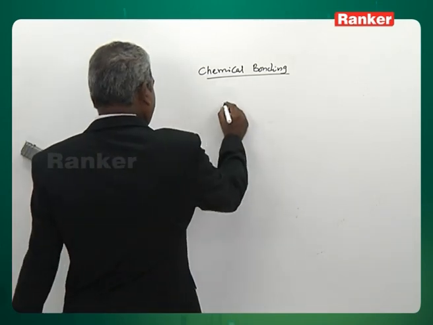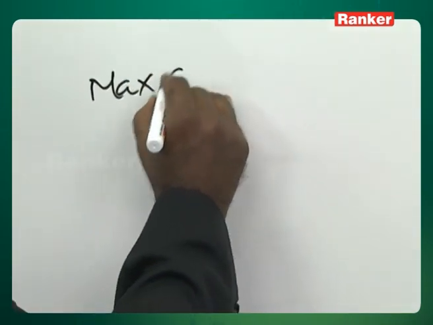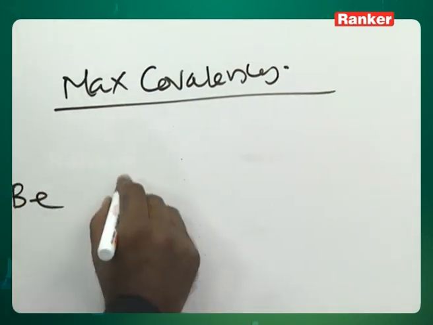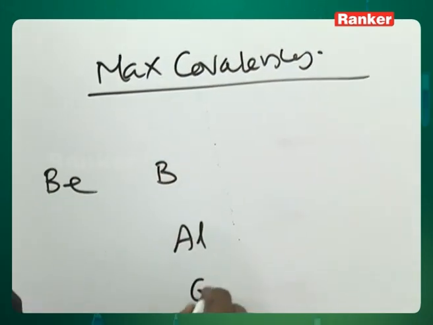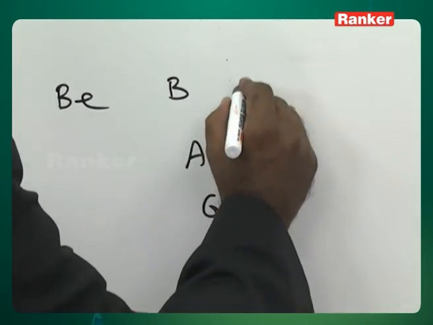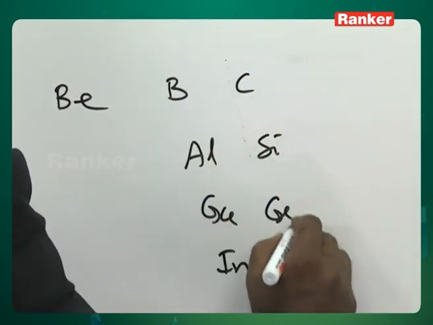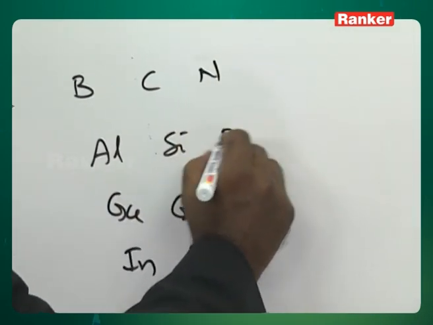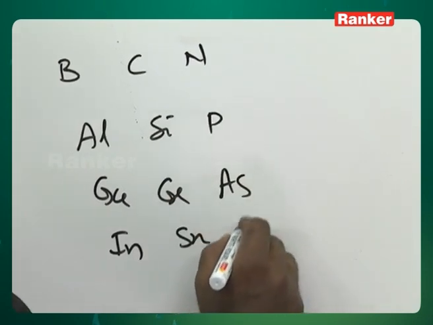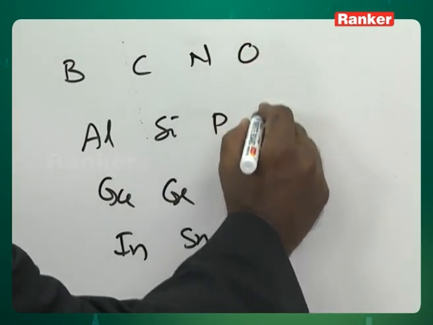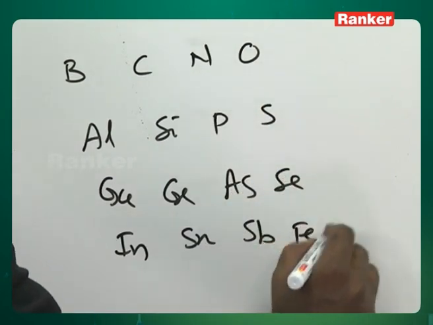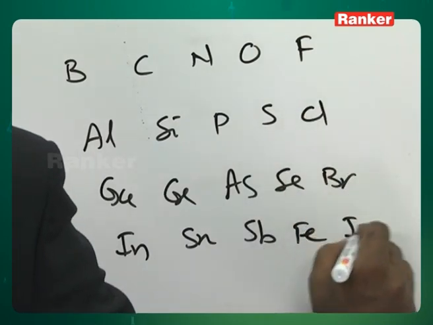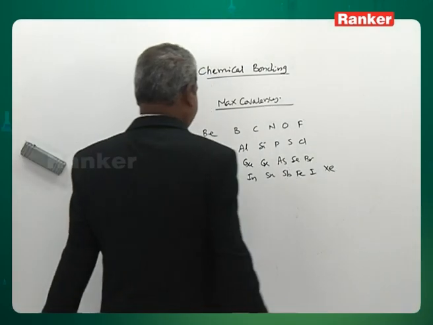So xenon shows all these valencies, valency of 2, 4, 6, 8. So, conclusion, maximum covalency of all elements: beryllium, boron, aluminium, gallium, indium, carbon, silicon, germanium, stannum, nitrogen, phosphorus, arsenic, antimony, oxygen, sulfur, selenium, tellurium, fluorine, chlorine, bromine, iodine and xenon.